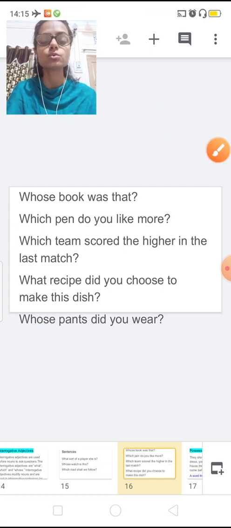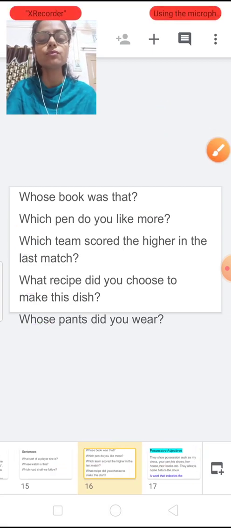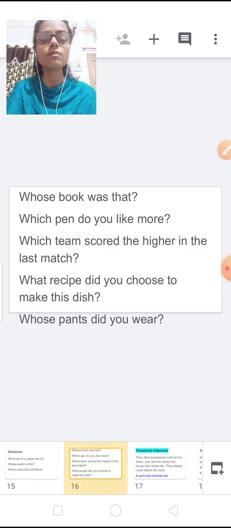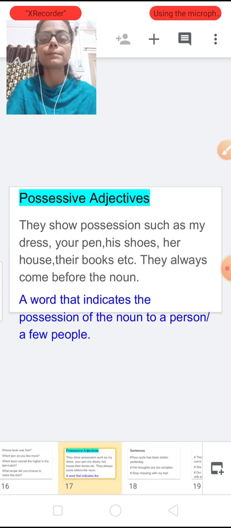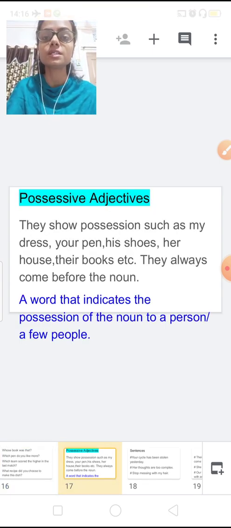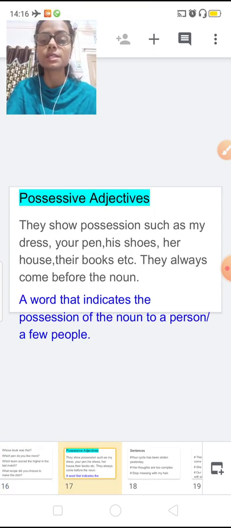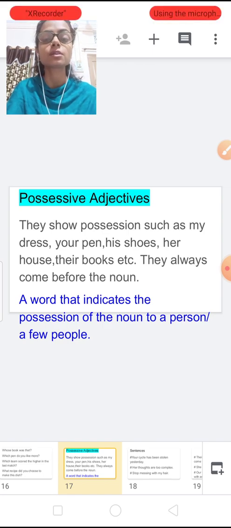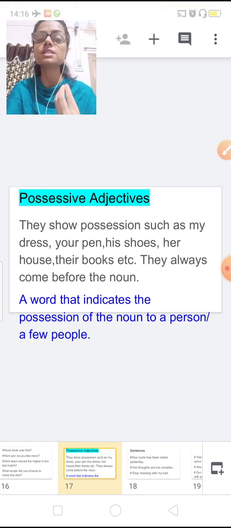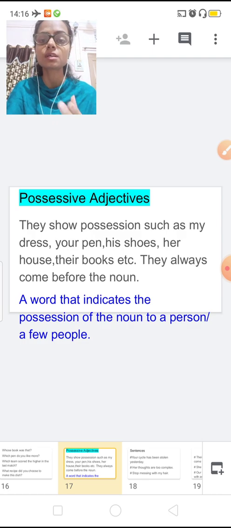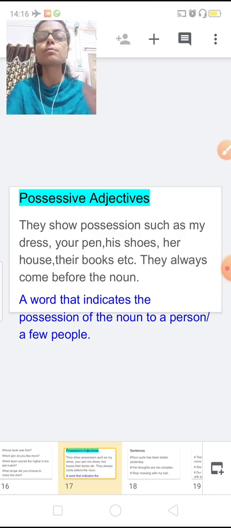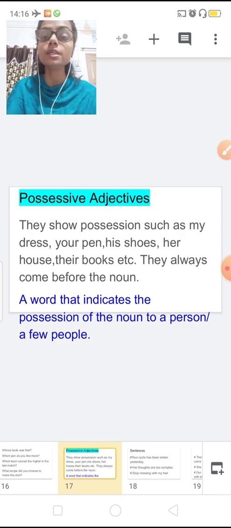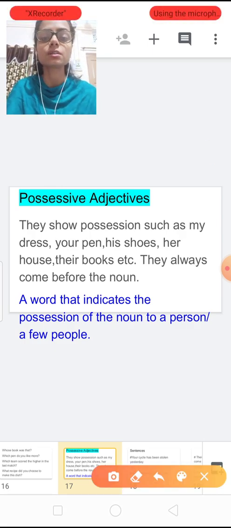Okay, so students, now we will move to another type of adjective, and which is possessive adjectives. The word itself is telling you possession. That particular thing is mine. No, that is yours.